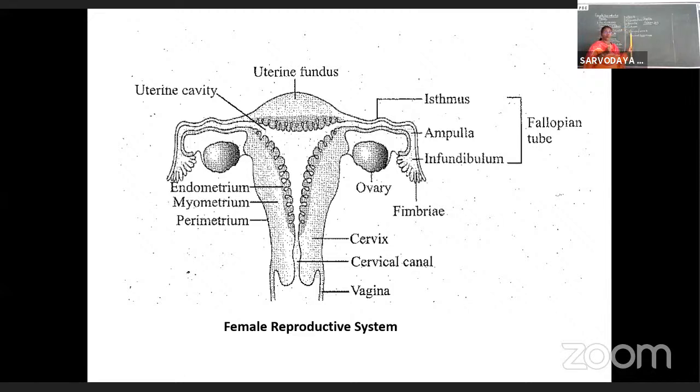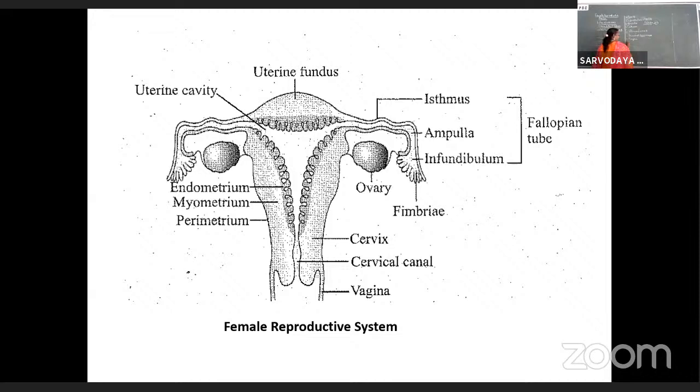So how does the womb or uterus appear in shape? It looks like an inverted pear shape. Now, the uterus is made up of 3 layers.